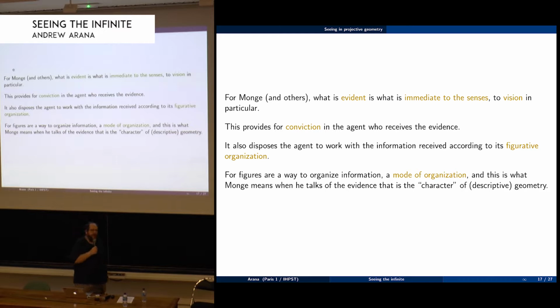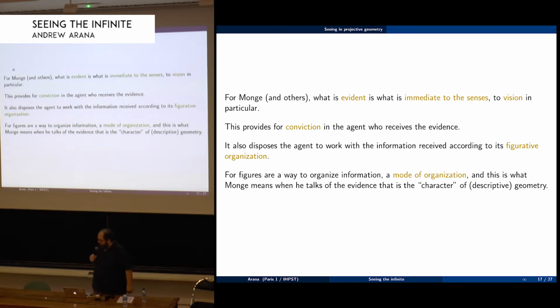And of course, having this kind of perception, this direct, évident perception, brings with it conviction to the agent who receives the evidence, but that's not the most interesting thing. More interestingly, I think, the agent then becomes disposed to work with the information that's received according to the figurative organization of what's going on.